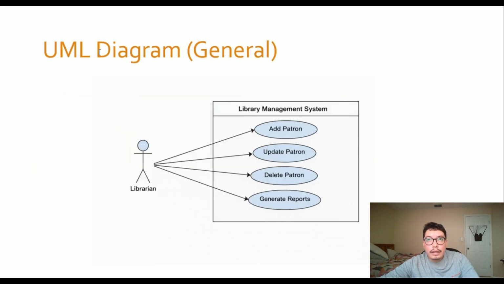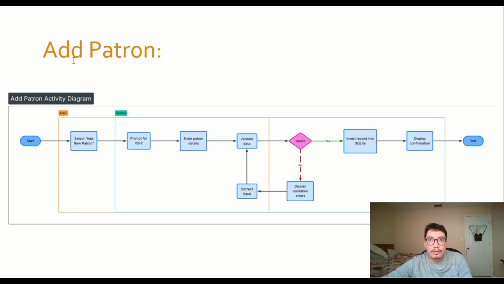Finally, here we have our UML diagram. This is the general one. The librarian has access to add patron, update patron, delete patron, and generate reports. In this add patron diagram, we can see our system starts here.